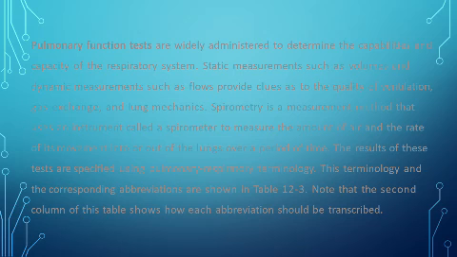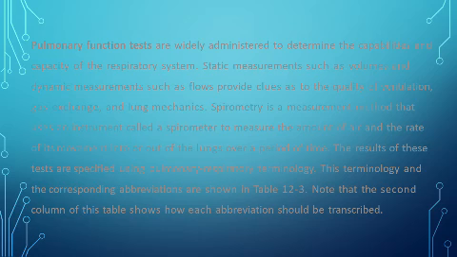Okay, clear. Then pulmonary function test. Pulmonary function tests are widely administered to determine the capability and capacity of the respiratory system. The PFT is mainly done to determine the capability of our respiratory system and to know the lung capacity.